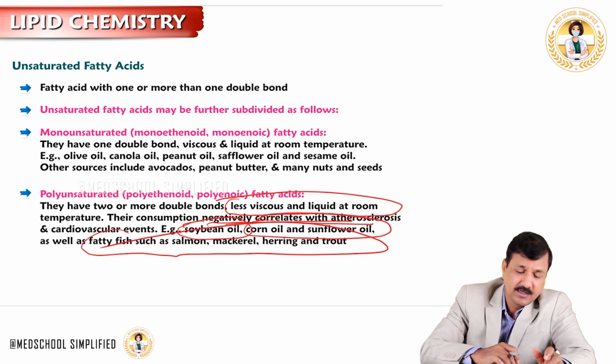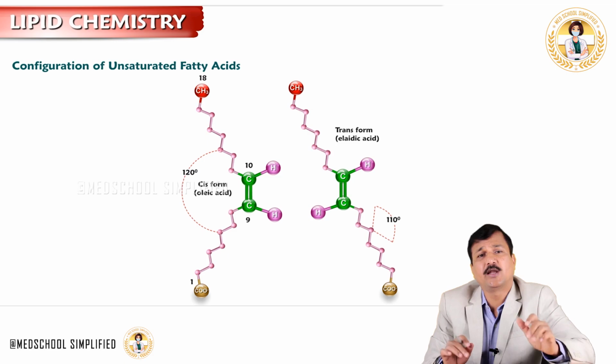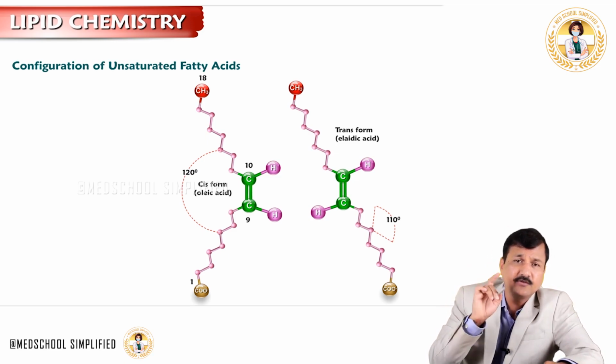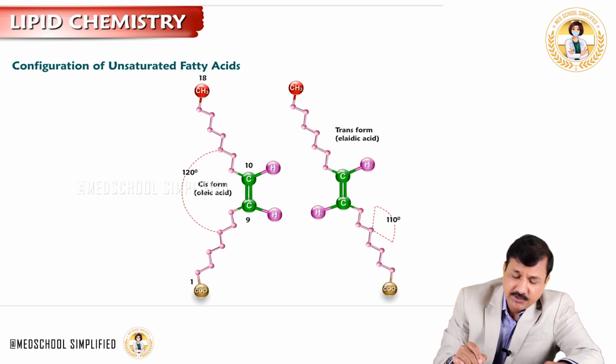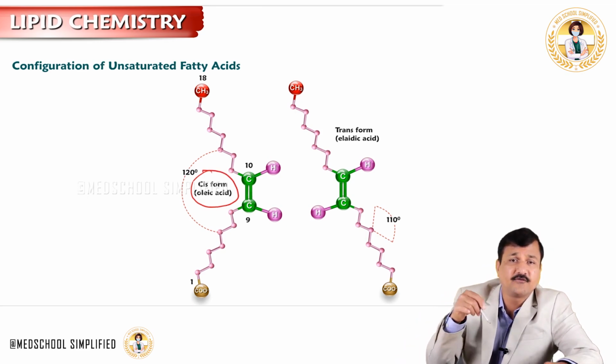Remember that point. Now, look at the figure here, which shows how a polyunsaturated fatty acid can exist. Predominantly, wherever there is a double bond in an unsaturated fatty acid, the double bond is in cis configuration. That means the fatty acid tail changes direction after the double bond.